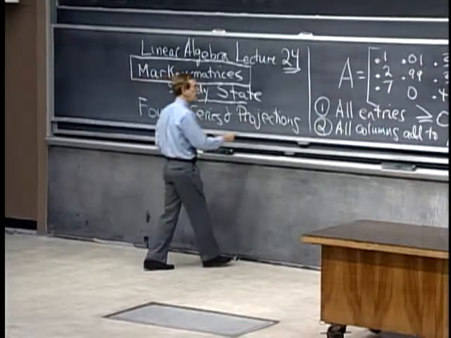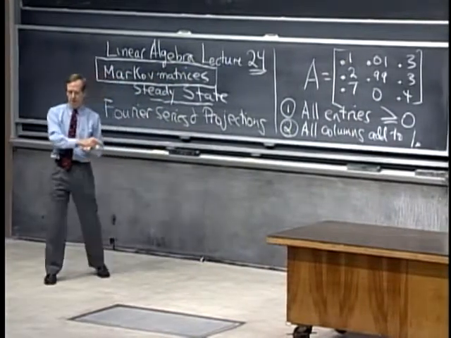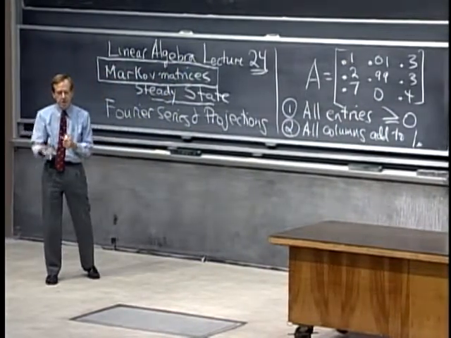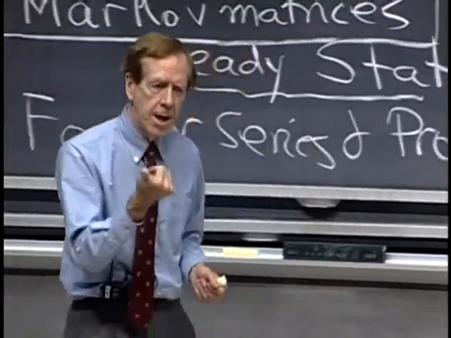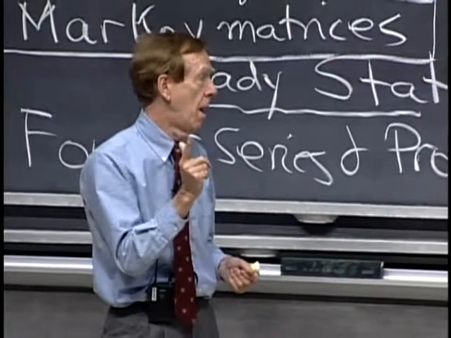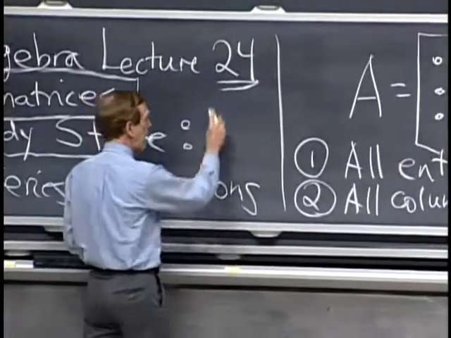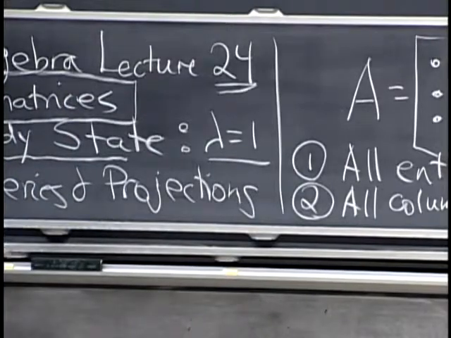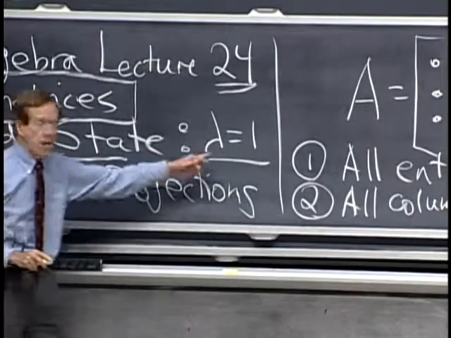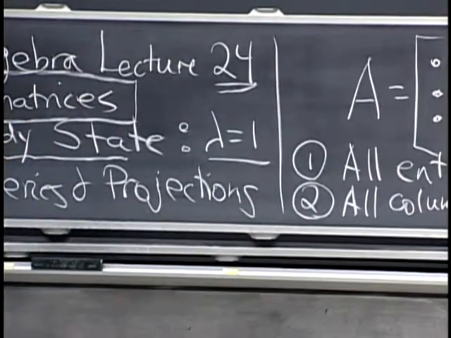Now, in the powers case, it's not a 0 eigenvalue. Actually, with powers of a matrix, a 0 eigenvalue, that part is going to die right away. It's an eigenvalue of 1. That's all important. So this steady state will be totally connected with an eigenvalue of 1 and its eigenvector. In fact, the steady state will be the eigenvector for that eigenvalue. Okay, so that's what's coming.